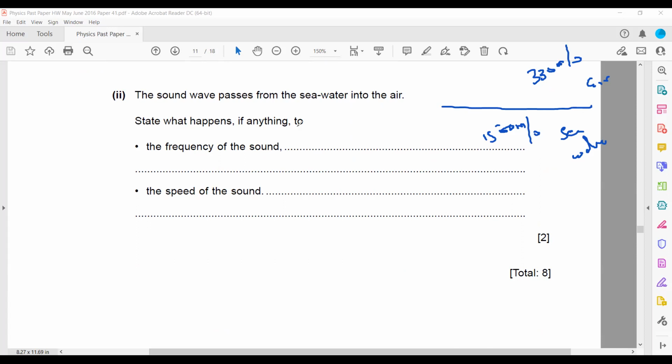Remember, for any kind of wave, when it travels from one medium to another, frequency never changes. It remains constant. But what happened to speed? When moved from seawater to air, the speed will decrease, because in seawater it can travel at a speed of 1500, but in air it can only travel around 330 or 300 meters per second.